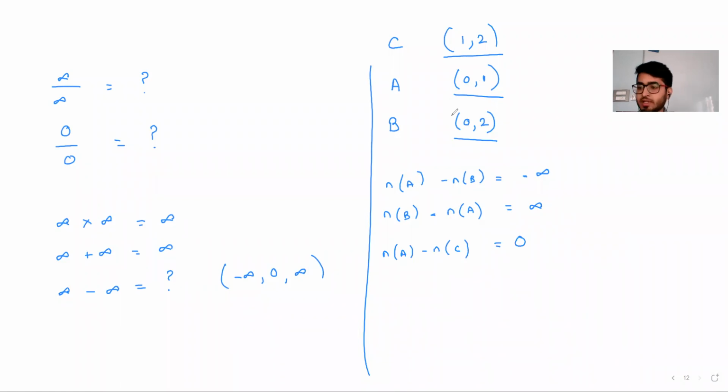But logically, we know that we'll have the same real numbers between 0 to 1 as between 1 and 2, because both of them are equidistant on a straight line. So we can see that if we subtract two infinites, the resulting could be minus infinite, 0, infinite, or any real number actually. So this is a property of infinite.